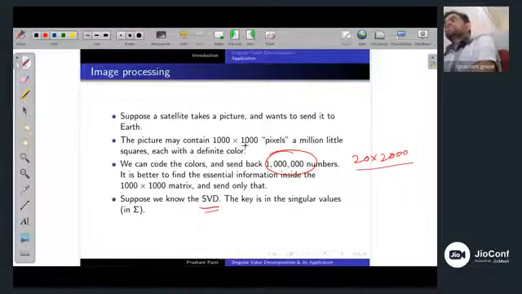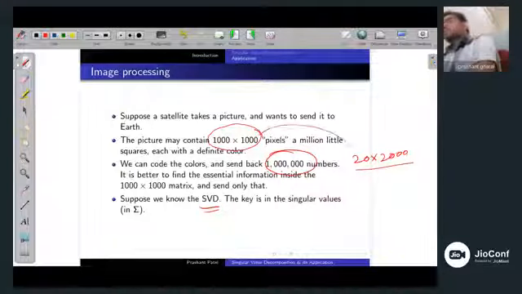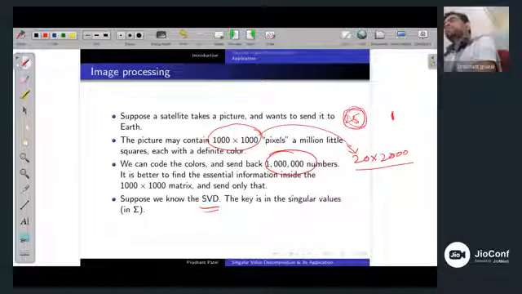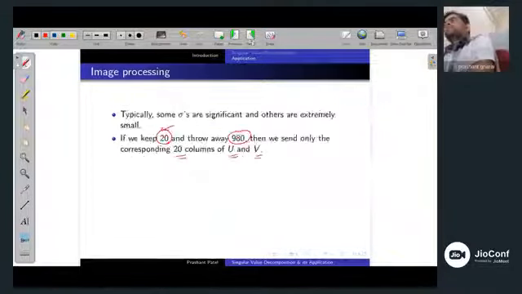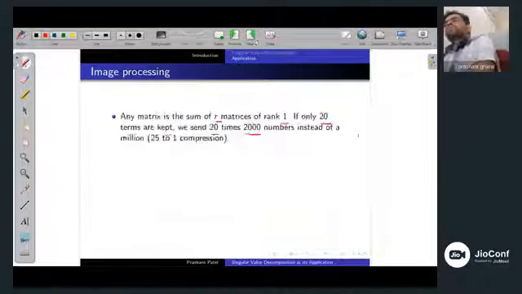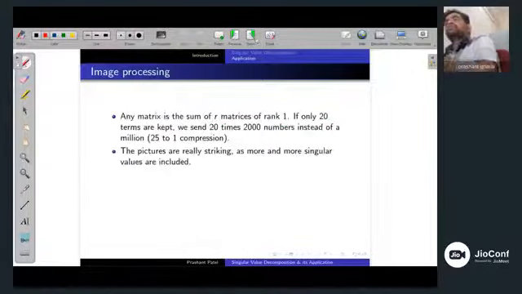So instead of 25 numbers we are just sending 1. It is a very large dimension reduction, and we are actually sending an approximation to that image.